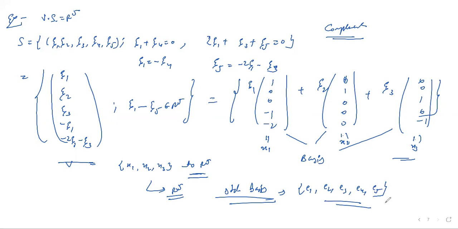We'll check one by one whether the standard basis vectors form a linear combination of our corresponding basis or not. Let's check E1 first, whether it forms a linear combination of our bases x1, x2, x3.